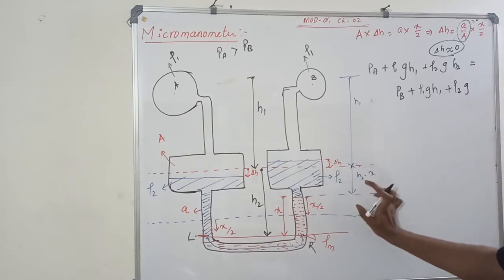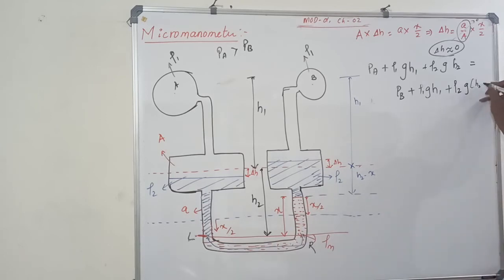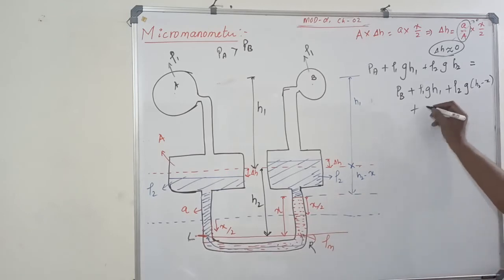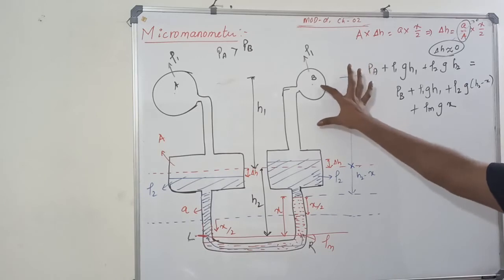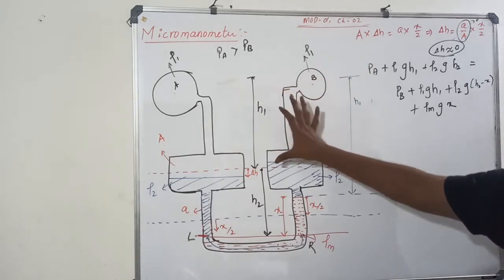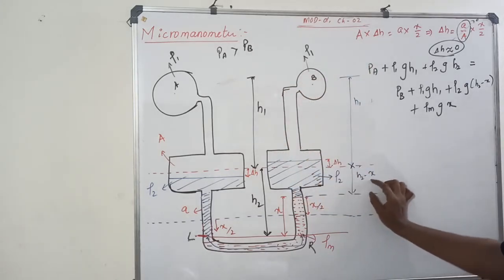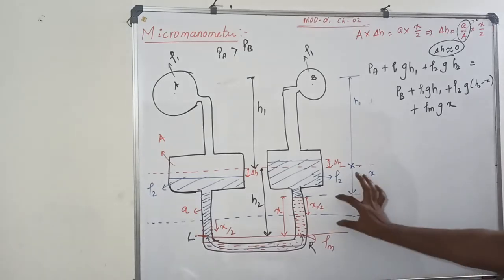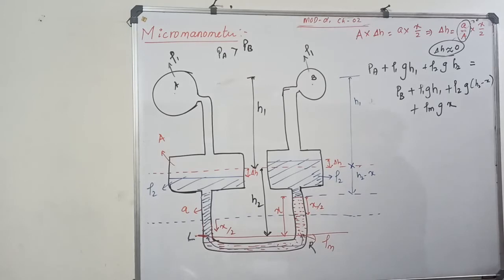Sir, H2 minus X. Plus you have the manometric fluid. Manometric fluid rho m G X. Total height of the manometric fluid X. Understood now what we wrote? PB plus rho 1 G H1 plus rho 2 G up to this much only, that is H2 minus X, plus this one, that is rho m G X.